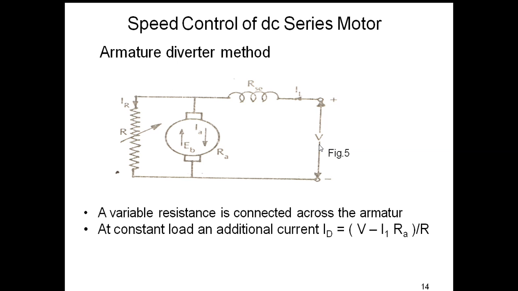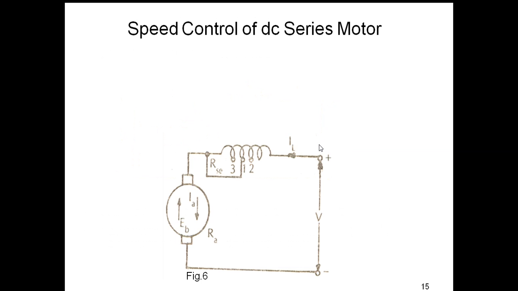At constant load, the additional current IR is equal to V minus I1 RA by R, will flow through the series field winding.